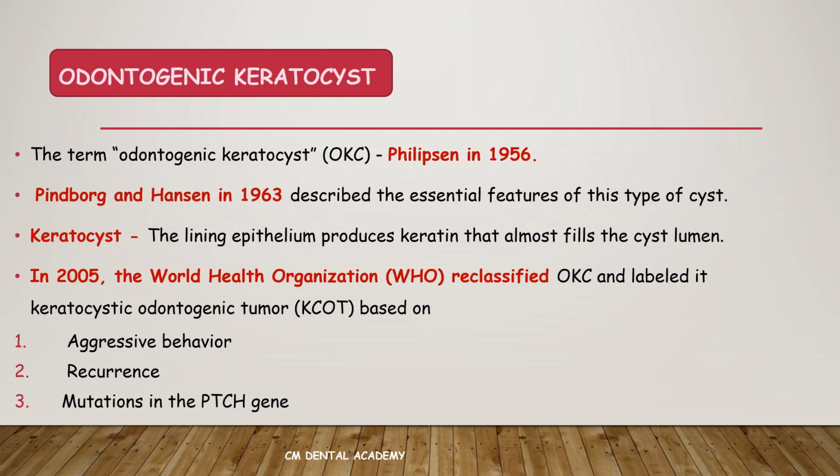Why was the term keratocyst coined for this particular lesion? Because the lining epithelium of the cyst produces keratin that almost fills the entire cystic lumen. In 2005, the World Health Organization labeled OKC as keratocystic odontogenic tumor because of its aggressive behavior, recurrence pattern, and mutation in the PTCH gene, which is the protein patched homolog 1 gene.